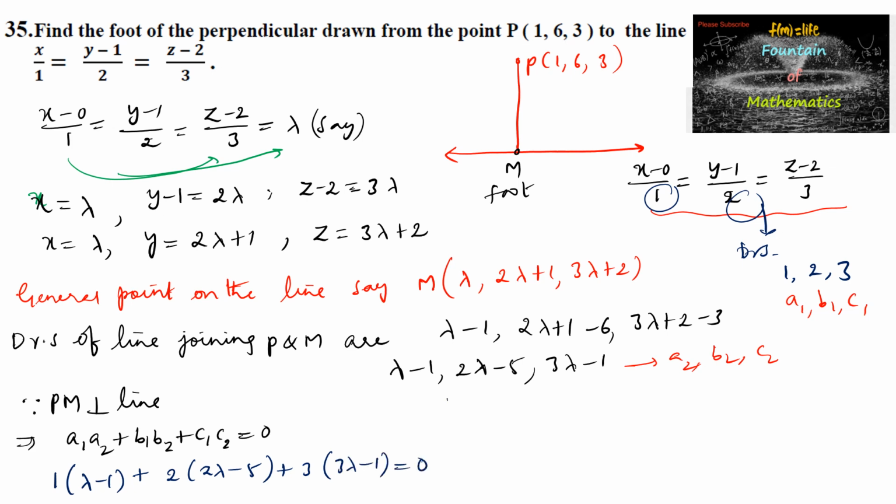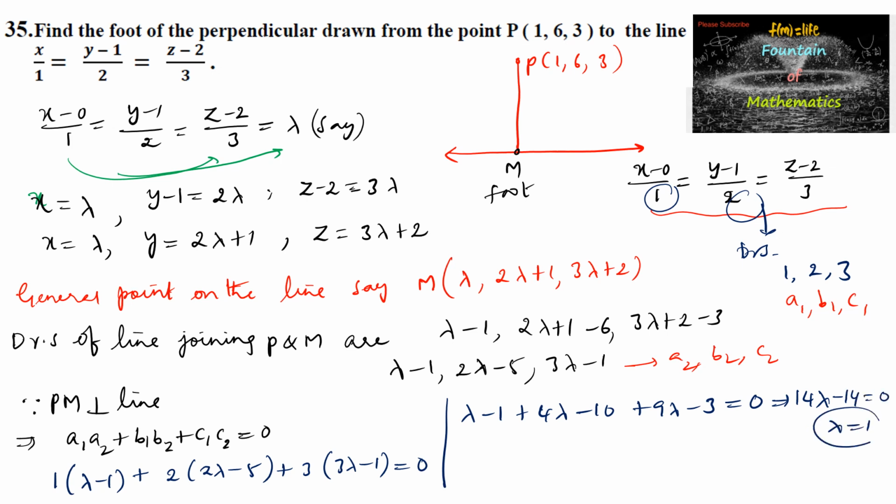On simplifying, we will get lambda minus 1 plus 4 lambda minus 10 plus 9 lambda minus 3 is equal to 0. That is 14 lambda minus 14 is equal to 0. That is lambda is equal to 1.